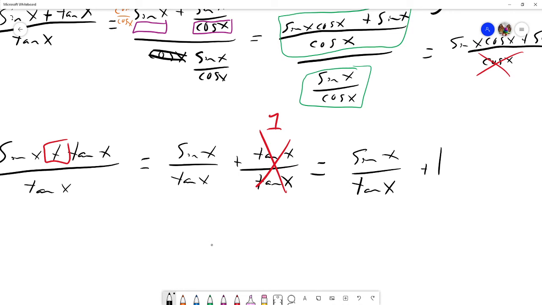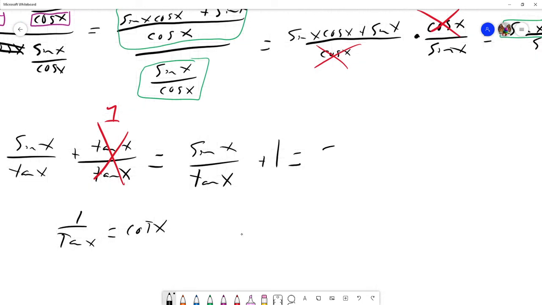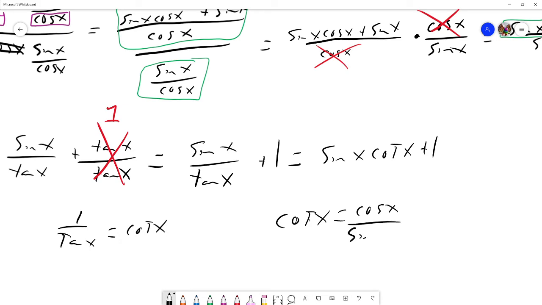And if we wanted to, we could note that 1 over tangent x is the same thing as cotangent x. So this is going to be sine x cotangent x plus 1. And then cotangent x is the same thing as cosine x over sine x.